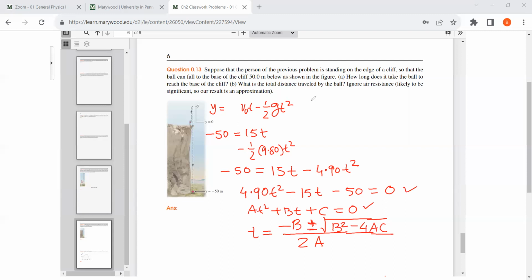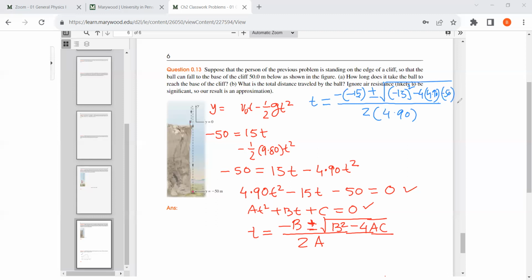For our problem, t will be something like this: 2 times a, a is here 4.90. Now minus b is minus 15, b is minus 15, and then plus minus the square root of minus 15 square minus 4, a is 4.90, and c is minus 50.